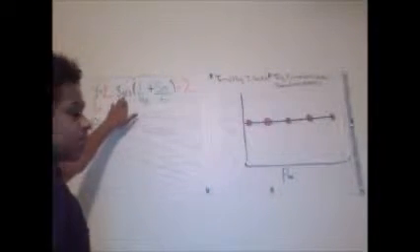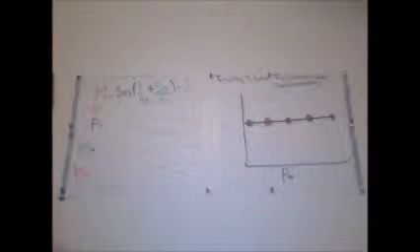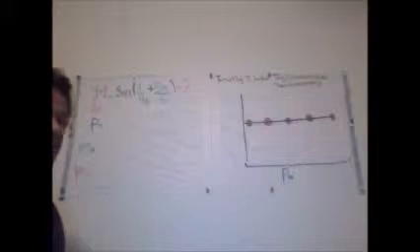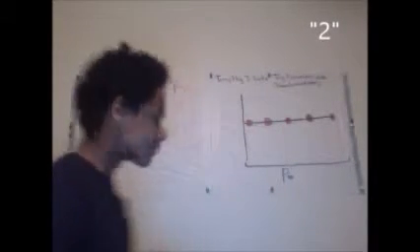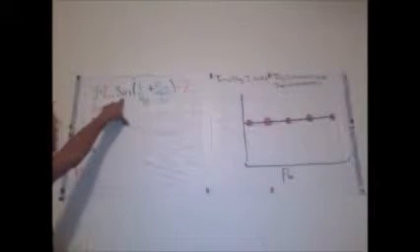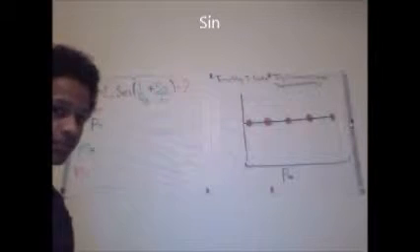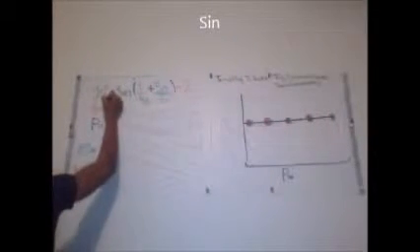Okay, so our amplitude is before sine. Can you guess what number that would be? If you said 2, you are correct. 2 is before sine. So our amplitude will be 2.